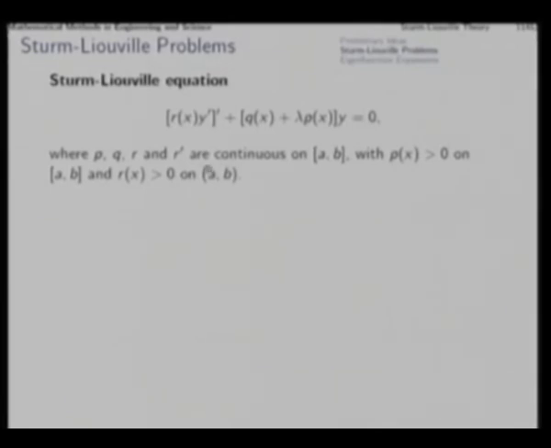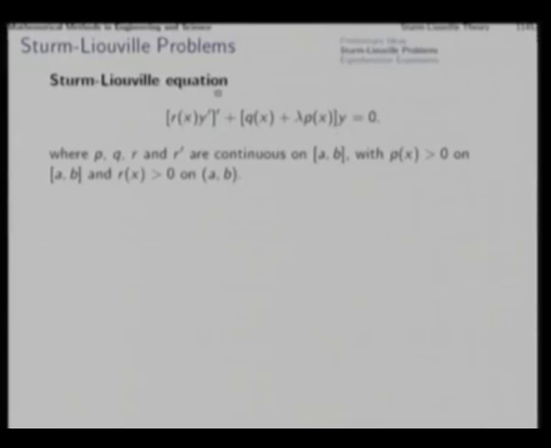In some of the variations of the Sturm-Liouville problem, this also is needed to be on the closed interval, but there are situations where it is required only in the open interval, because at a and at b R x is allowed to be 0 in one version of the Sturm-Liouville problem. So, only this much is required for the general case in which this is the Sturm-Liouville equation.